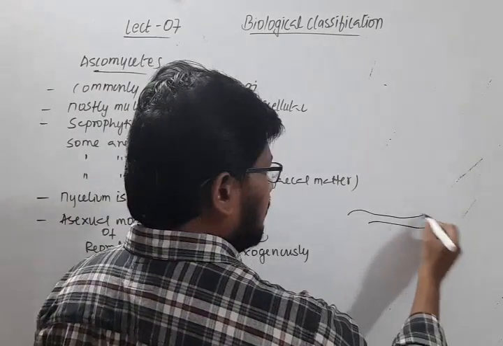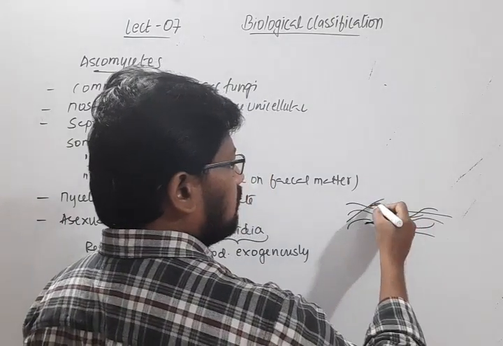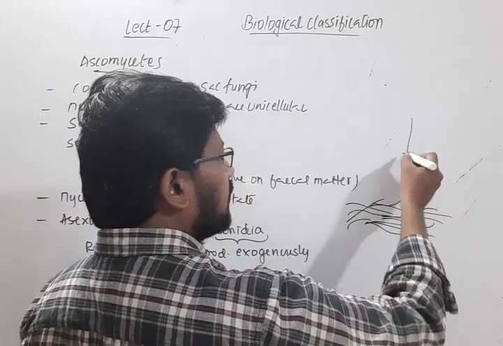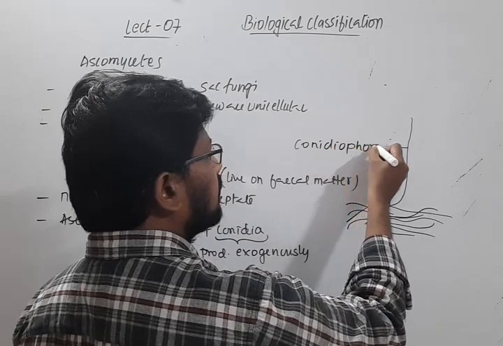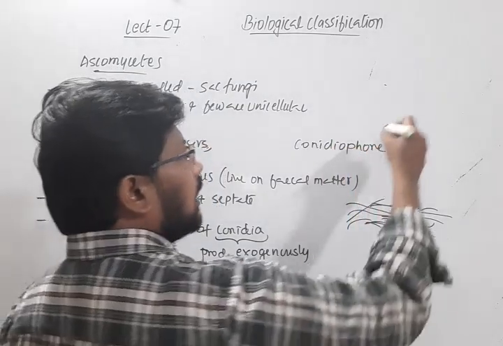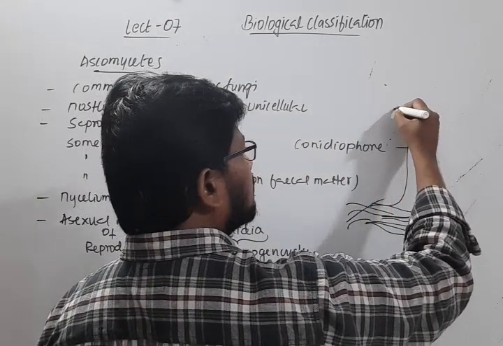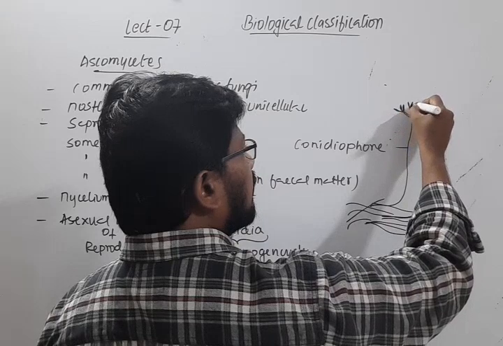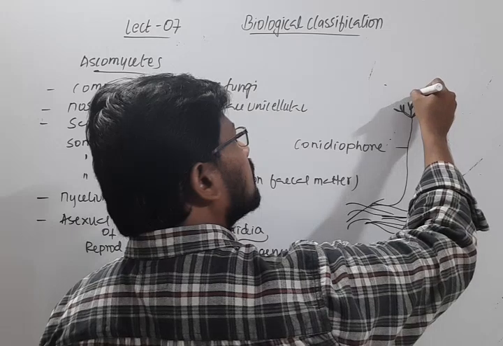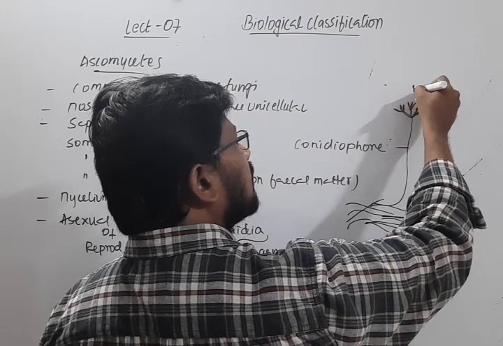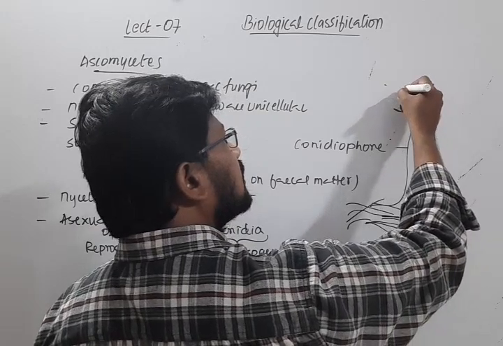This is the mycelium, and some branches of this mycelium grow vertically. I call it a conidiophore, and it shows branches like this. On the branches we see the spore formation.